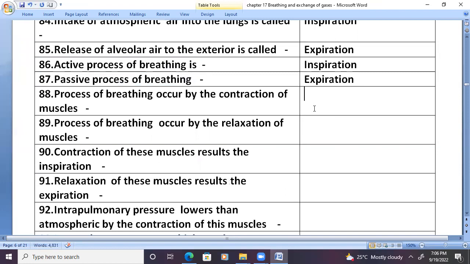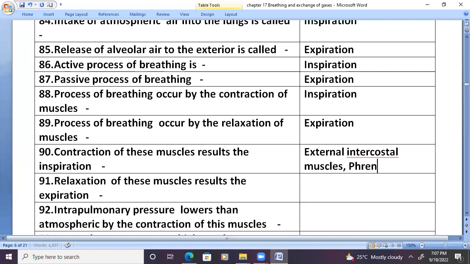The process of breathing occurs by the contraction of muscles, which means an active process: inspiration. Relaxation of muscles gives expiration. Contraction of these muscles results in inspiration. The muscles helpful for inspiration are the external intercostal muscles, which are associated with the ribs, as well as muscles associated with the diaphragm, which we call phrenic muscles, radial muscles, or diaphragm muscles in general.